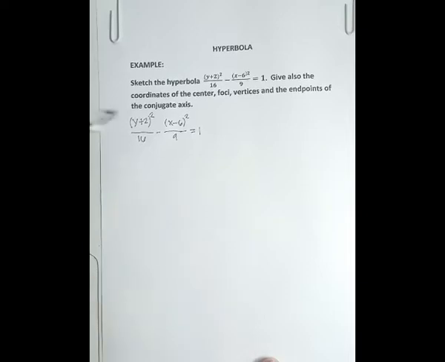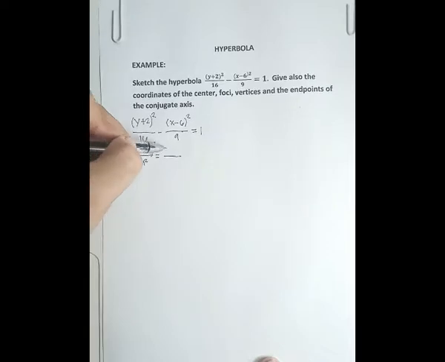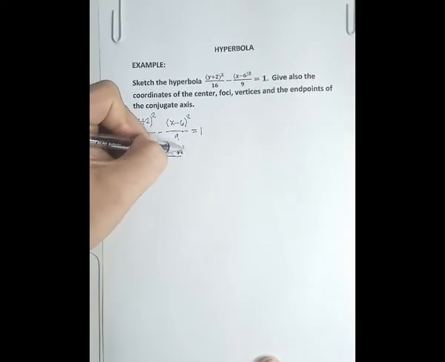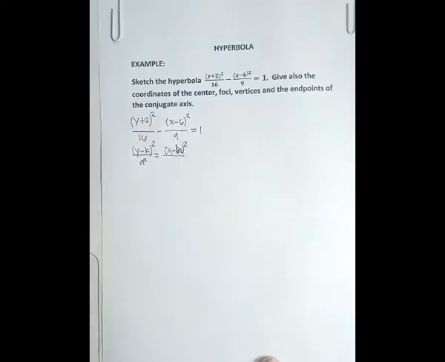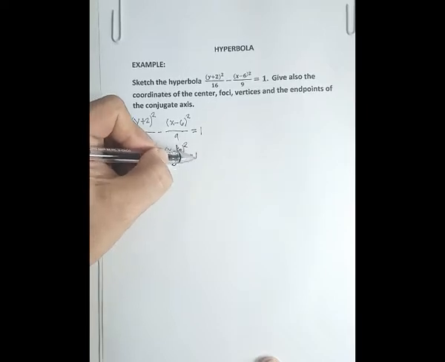So this hyperbola is in the standard form (y minus k) squared over a squared minus (x minus h) squared over b squared is equal to 1.